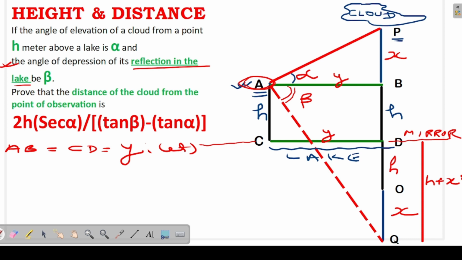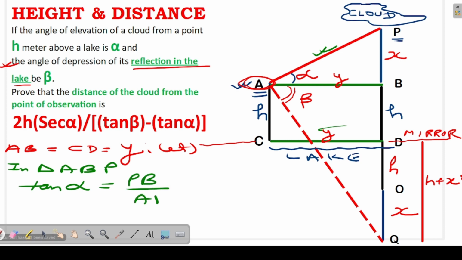In triangle ABP, right angle at B, tan of alpha equals perpendicular by base, that is PB by AB, right?